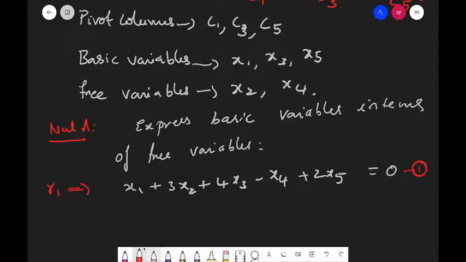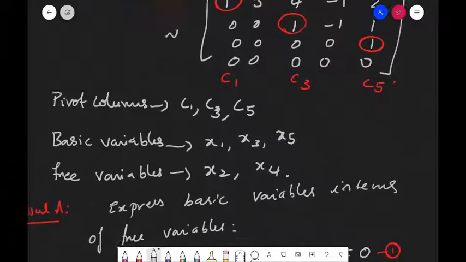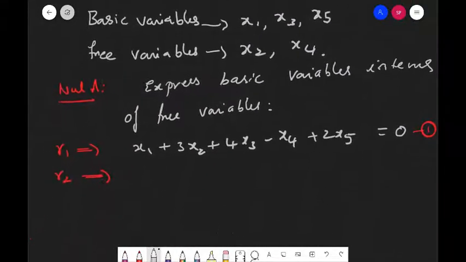And then the second row R2 implies x3 minus x4 plus x5 is equal to 0. This is equation 2.